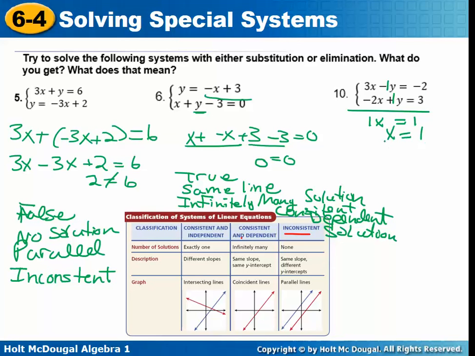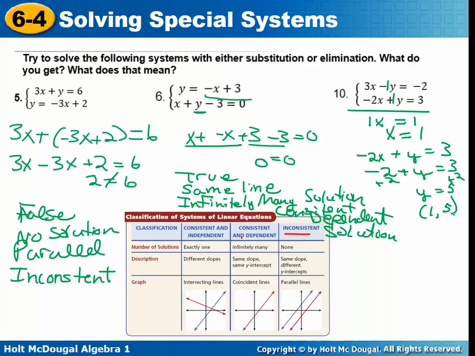And then I can go back and find y. I'm going to use the second equation, except every time I see an x, I'll put a 1. So negative 2 times 1 is negative 2. So plus 2, y is equal to 5. So I get a coordinate point as my answer.